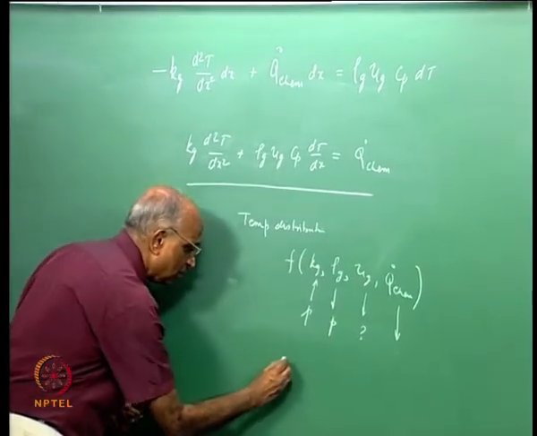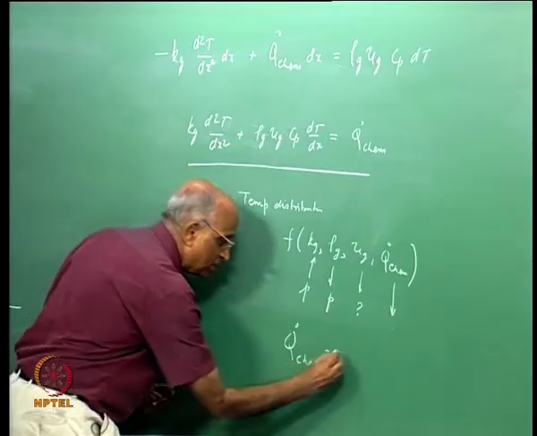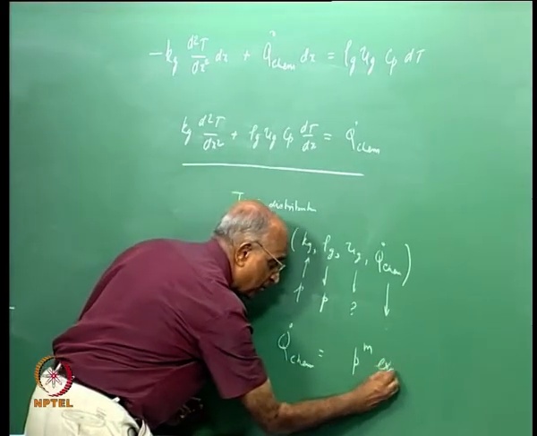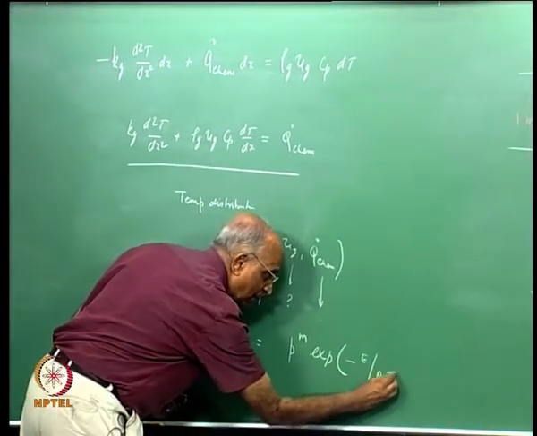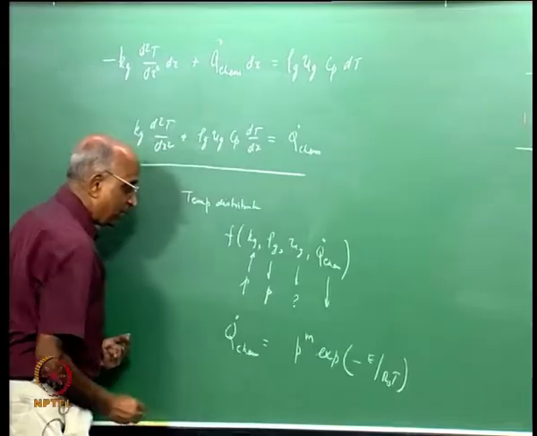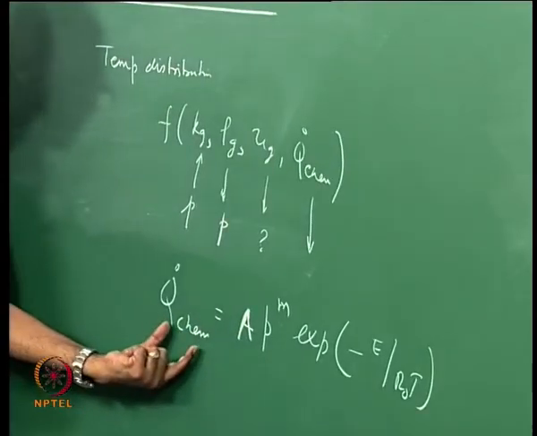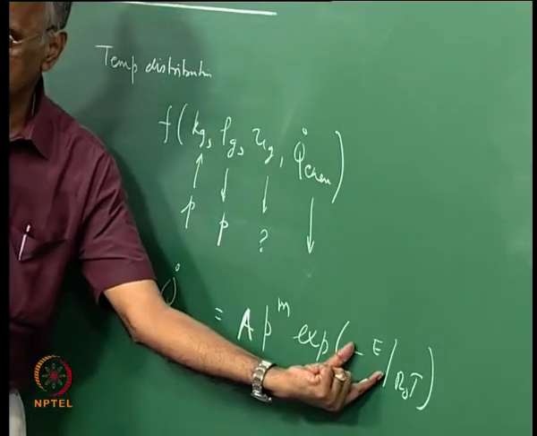The rate of heat release Q chemical, Q dot chemical in the gas depends on the pressure P to the power, let us say m, exponential of the activation energy minus E by R0T, where E is the activation energy of the gas. I have a steric factor here, therefore Q chemical will be A pressure exponential minus E by RT.